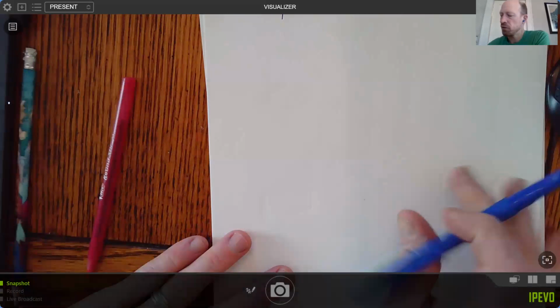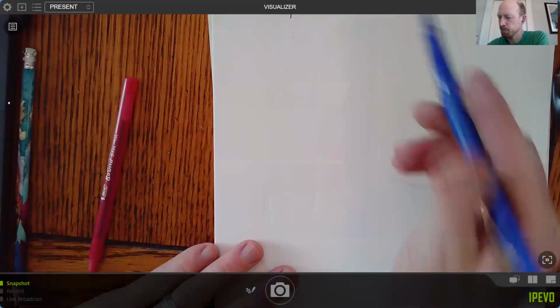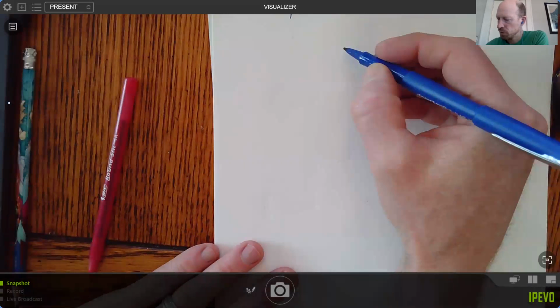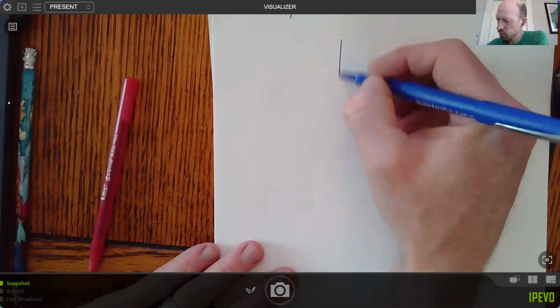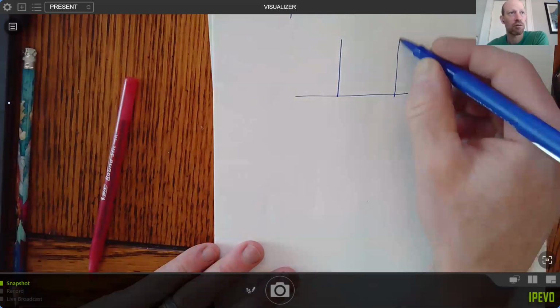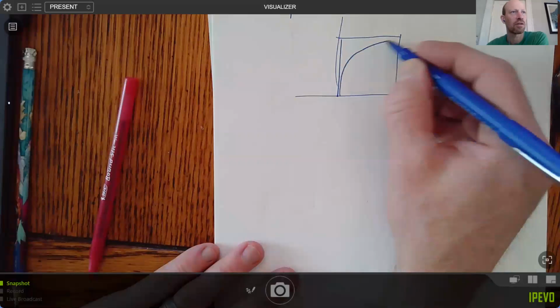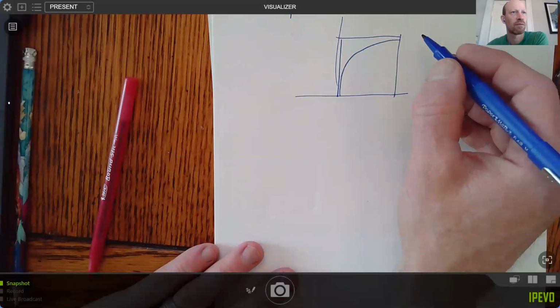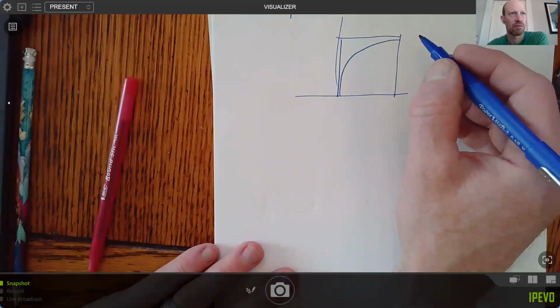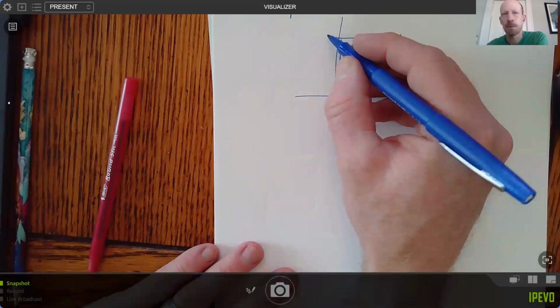Yeah, so here they give you this graph and these curves. This is 2 here.